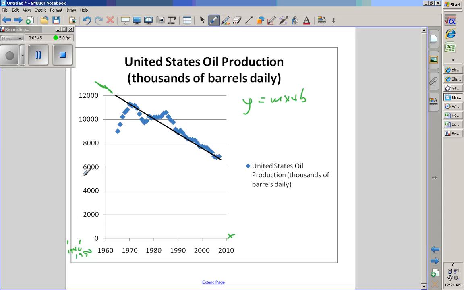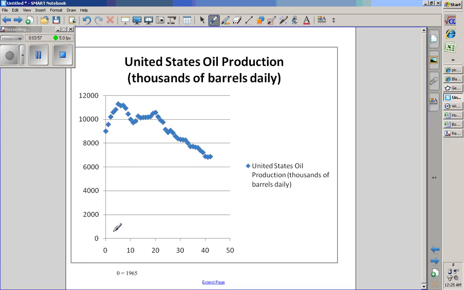So what we can do is manipulate the graph and the data. I can cut it off right here and let 0 be equal to 1965. And if I do that, I can use y equals mx plus b.